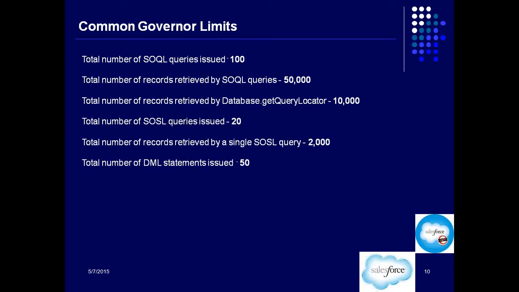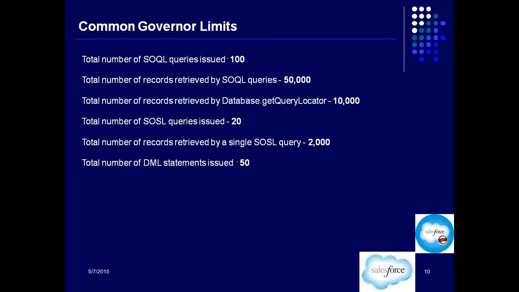Ideally you are not going to write 150 DML statements one by one, but this may happen if you have put your DML statement inside a loop. Then the chances are that you hit the DML statement limit very quickly.